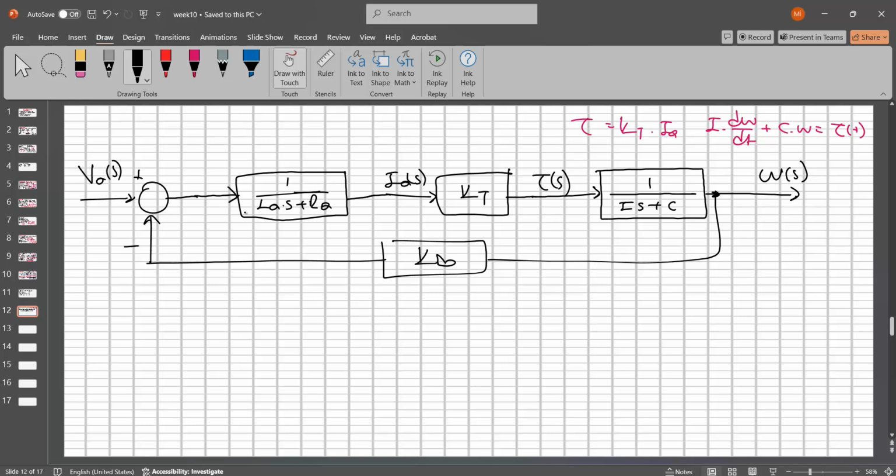This is the block diagram for driving the DC motor, guys. Do you understand that right now?